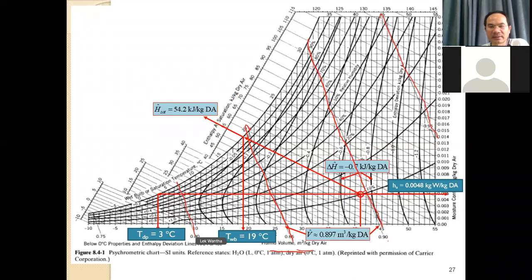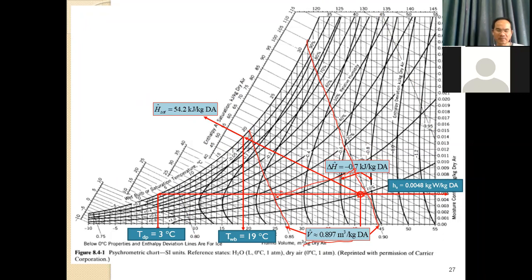At this point, it's between 0.95 and 0.9. You can interpolate. It's close to 0.9, between this line and this line. We can estimate about 0.897 cubic meter per kilogram dry air.